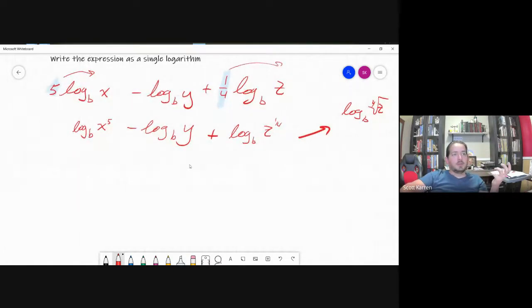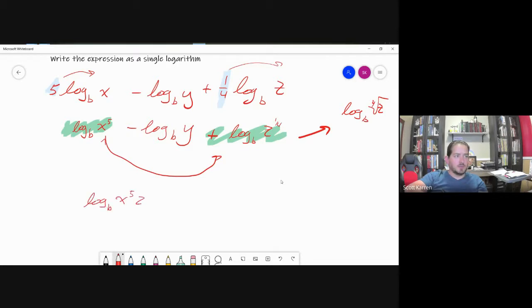But now, anything that's positive, right? This is a positive log. This is a positive log. Those are going to be in the numerator using the power rule. So I can actually do this in a bunch of steps if I wanted to. I can combine these two and say that this is now the log base b of x to the 5th times z to the 1/4, or the 4th root of z.